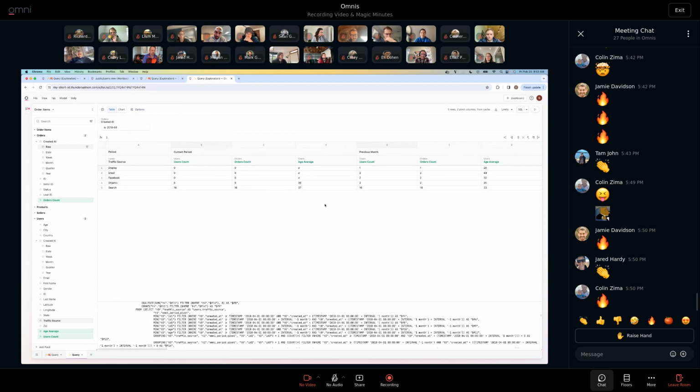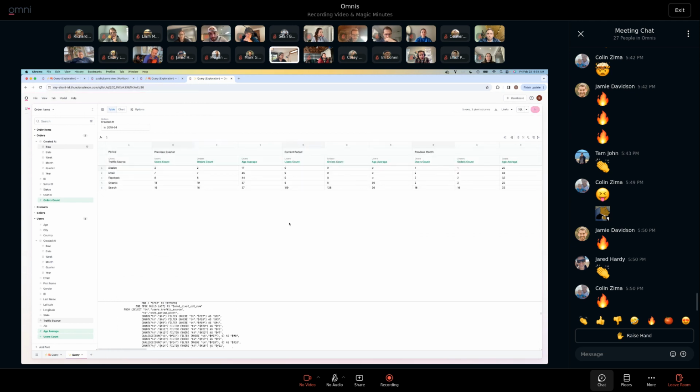So now we've got this little period pivot thing that's displaying the values of the measures in the current period versus that previous period that I picked. Or I can do previous quarter. I think I have data there. And then these should definitely be ordered in some canonical way.